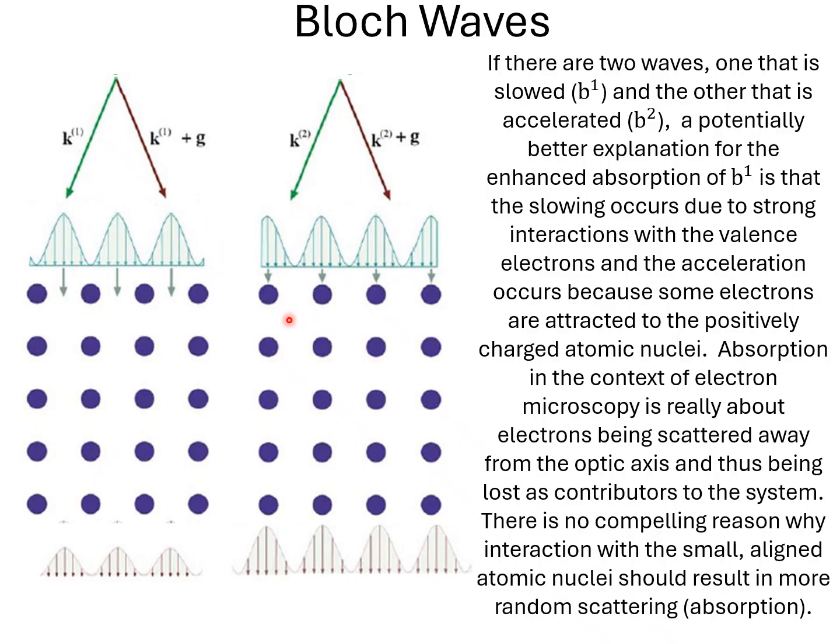And I could rationalize that in this picture simply by saying the nuclei are very small, and therefore you get less scattering, but more acceleration. But here, when the Bloch wave is traveling down between the planes of the atoms within the electron cloud, which is the bonding electrons, the valence electrons, and the bound electrons as well, whatever, you've got a lot more scattering events, and therefore more absorption happening here.